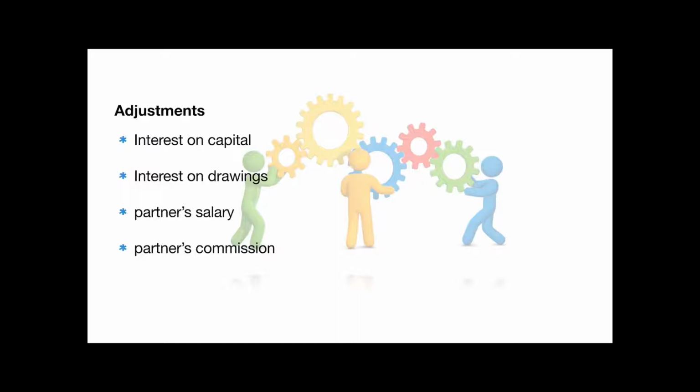And on such drawings, the business firm might expect certain amount of interest. Like for example, you have gone for a bank loan, and on repayment of the bank loan, you need to pay a certain amount of interest. Partners' salary, partners' commission. Here, apart from interest on capital, partners might also expect a certain amount of salary or commission for the work that is being done by them.